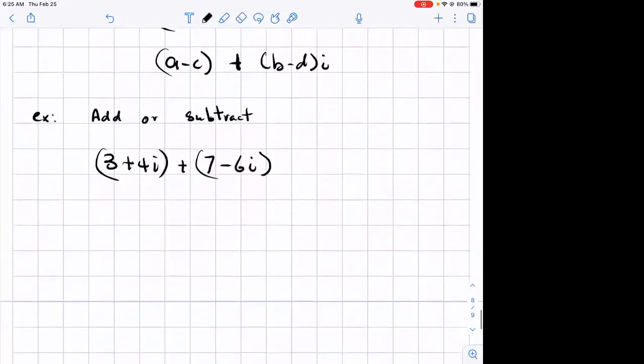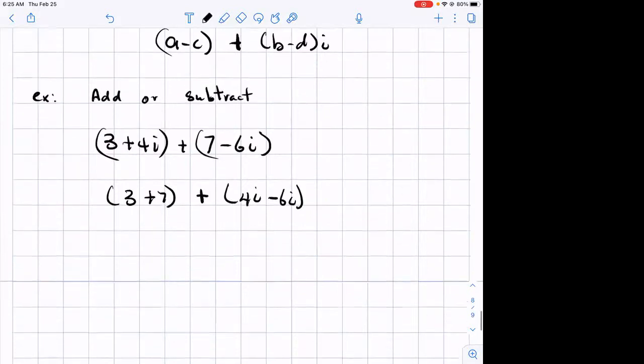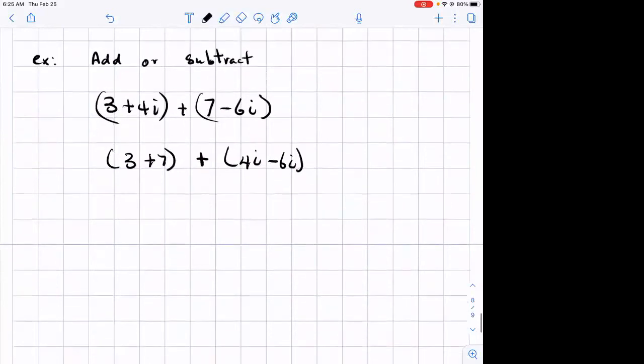So the real part is 3 plus 7, plus, okay, the imaginary part is 4i minus 6i. And I know 3 plus 7 is 10, okay?